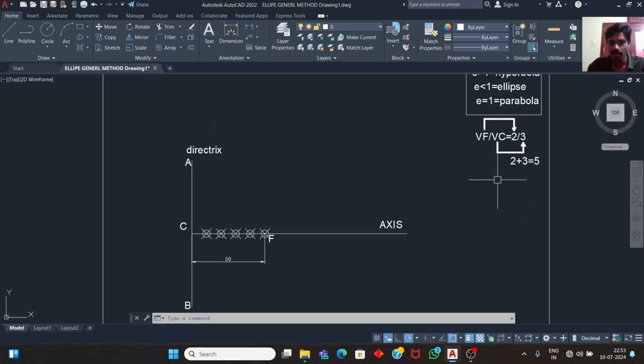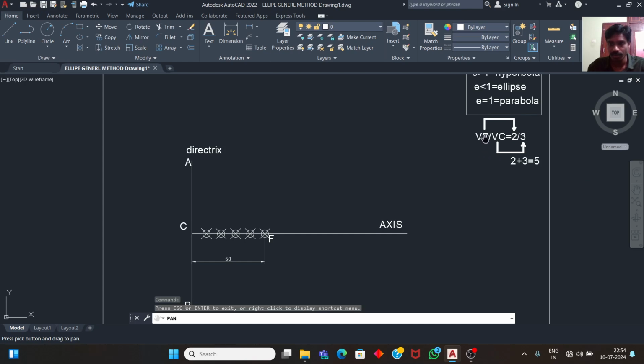So for that, we need to consider this formula. From the focus, the vertex point will be 2 parts.